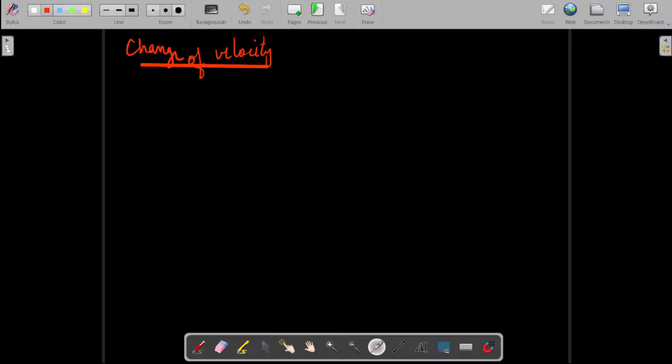Change of velocity means final velocity minus initial velocity, the whole divided, not only initial, the whole divided by time.